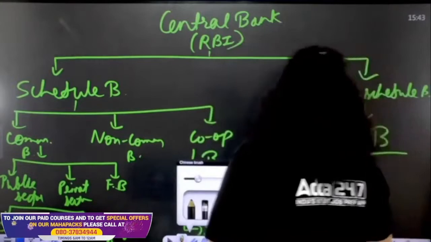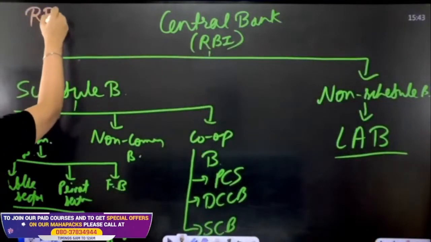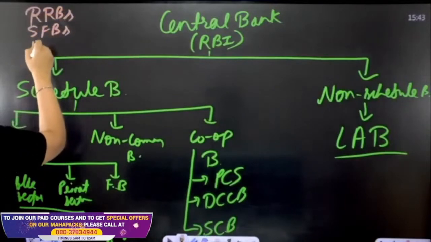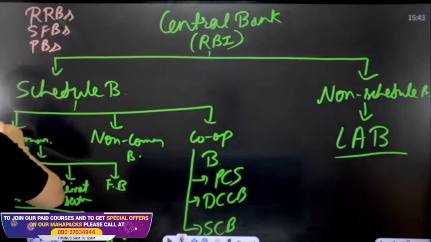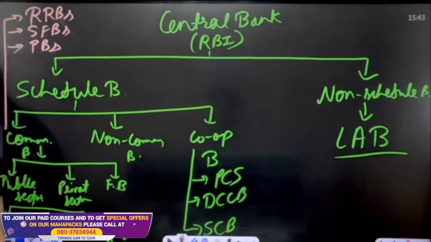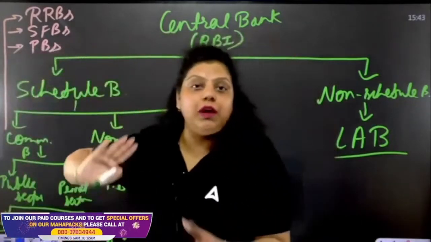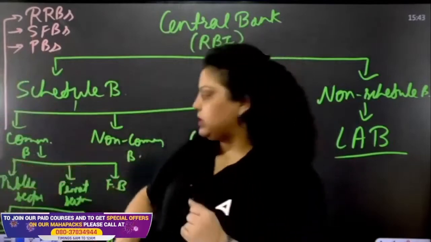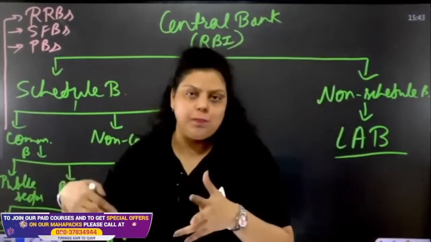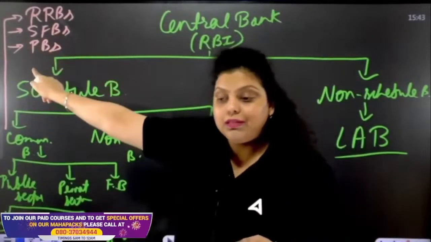Apart from these banks, we have another category of banks also, that is regional rural banks, RRBs. We have small finance banks. We have payment banks. These are also types of commercial banks, but they have been established for a specific purpose. That's why we define them individually, because public, private and foreign banks are on the basis of ownership, while these are on the basis of the purpose they have been established.